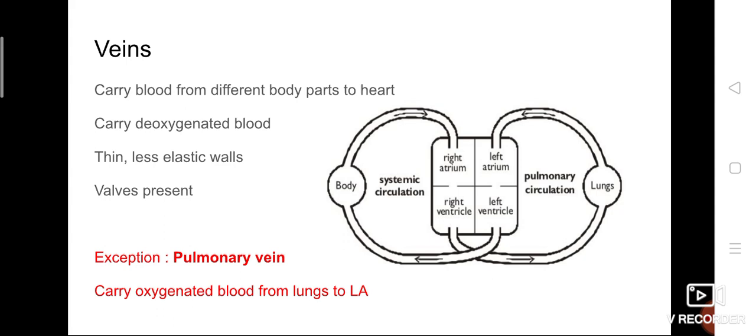So why are valves present here? Because veins usually carry what blood? Deoxygenated blood. That blood should not get back to the cells again. Deoxygenated means what? Rich in carbon dioxide. If the cells receive the same deoxygenated blood, it is not good for us.